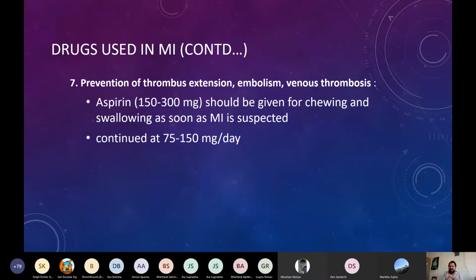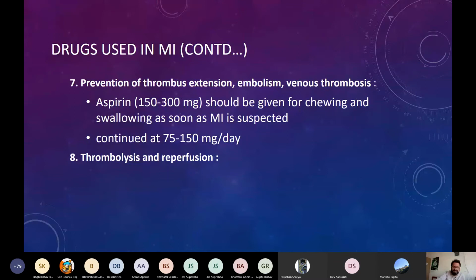You will have pain as soon as there is occlusion, and aspirin will be there not to let it grow further. So the growth of this embolus will stop right there because of the inability of the platelets to aggregate together. Immediately after you give this 300 mg when there is evolving MI, you should continue 75 to 150 mg per day for a longer period of time if there are no other contraindications.